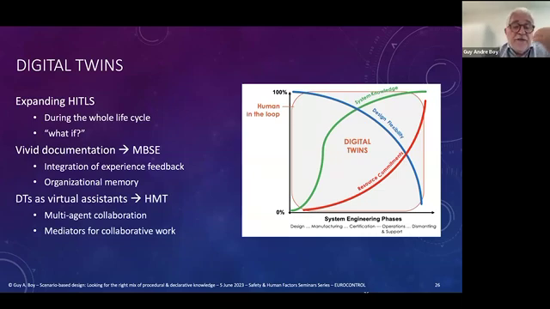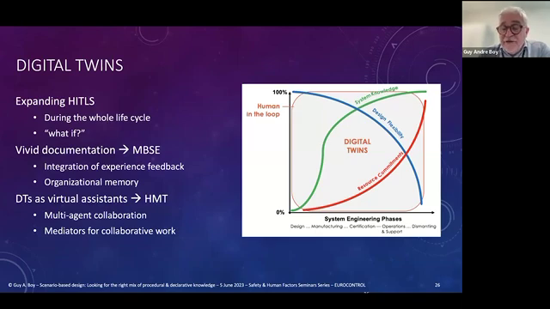And then the digital twin here could be used as a virtual assistant, as a user interface, if you like. This is interesting because there are studies now that we call human-machine teaming.